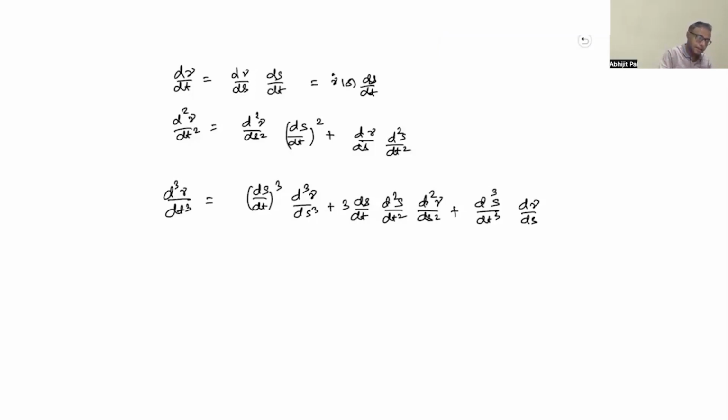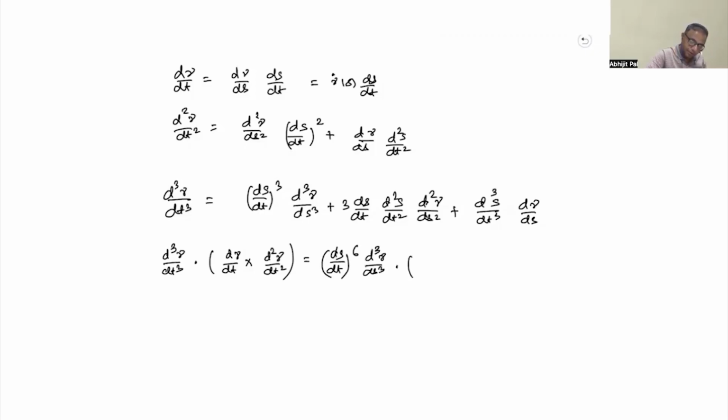And after some computation, what you can show is that d³γ/dt³ dot product with dγ/dt vector product with d²γ/dt² is equal to (ds/dt) to the power 6 times d³γ/ds³ dot product with dγ/ds vector product with d²γ/ds².